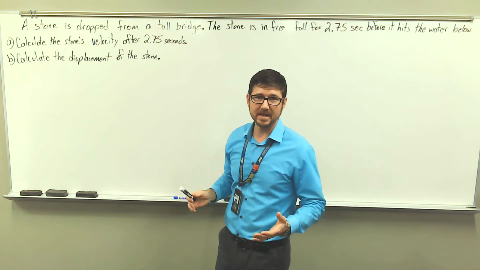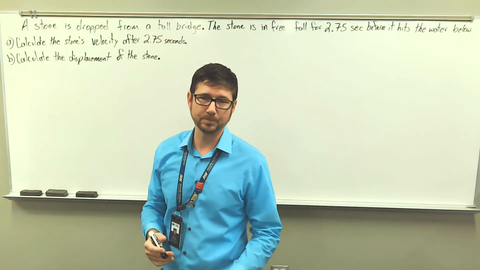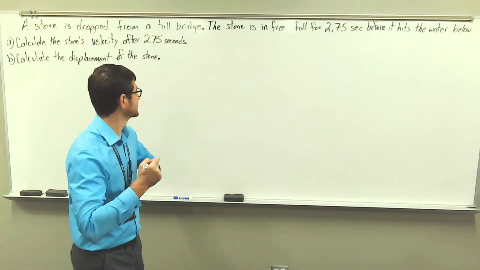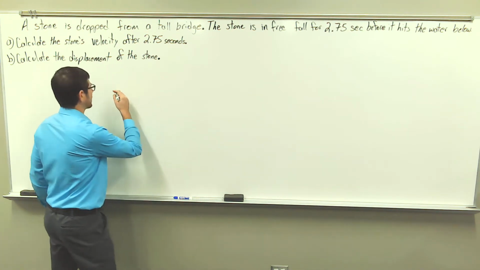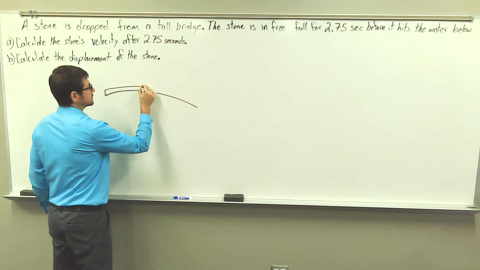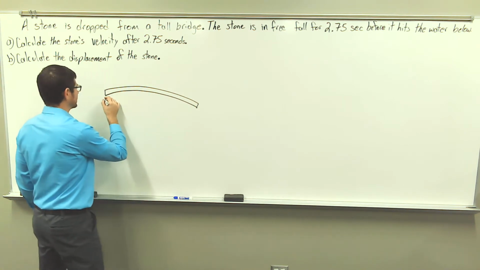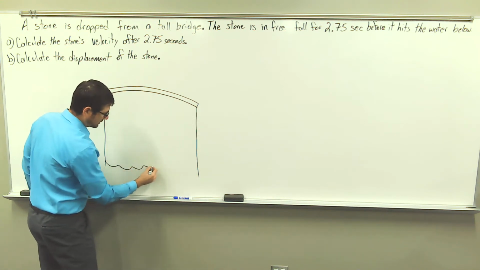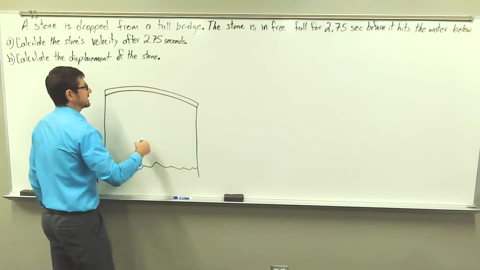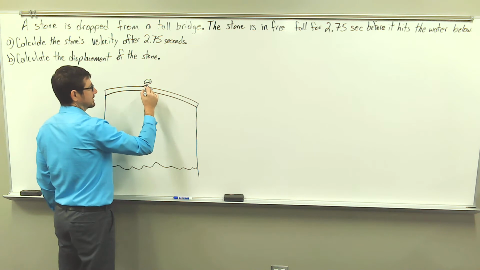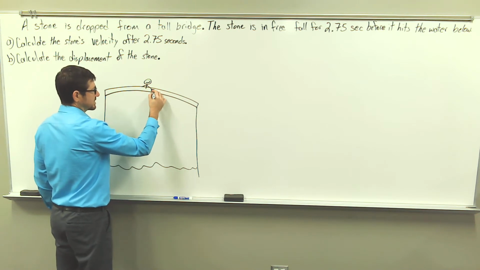So first thing I want to do is draw a simple picture and label some of our information. So let's say that you are on a bridge here and you are going to drop this stone. It's going to fall and hit the water here. So this is you. Here's the stone.